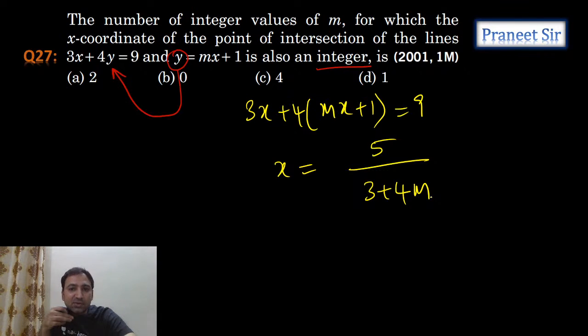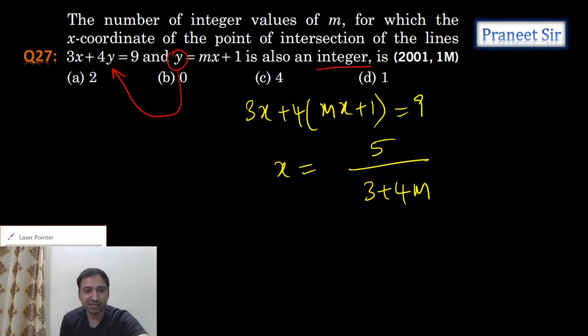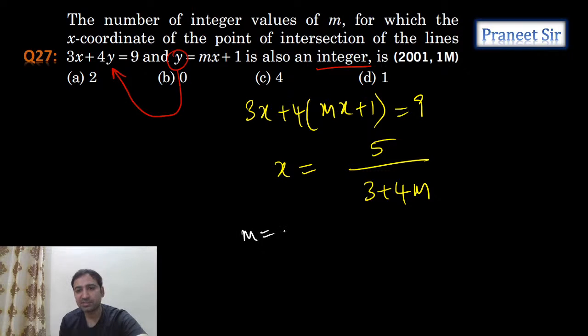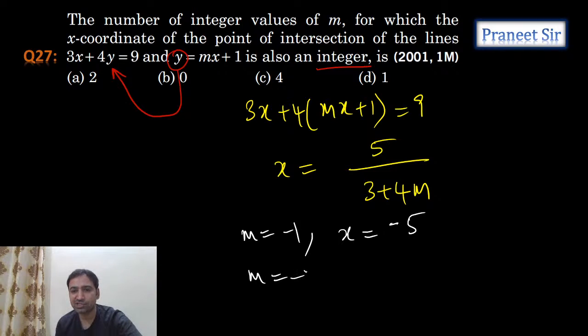So he is saying x is an integer and m is also an integer. So what are the possible values of x and m, guys? Let's take m values and keep substituting different values. Can I substitute m = -1? If I substitute, how much am I getting? Am I getting x = -5? Yes. If I substitute m = -2, 5/(3 - 8) gives -1.